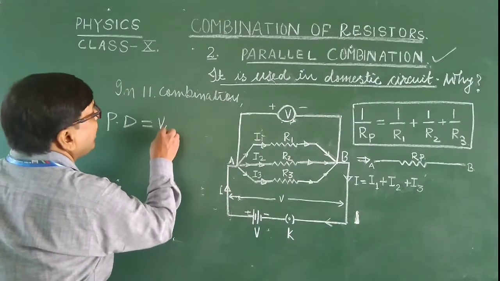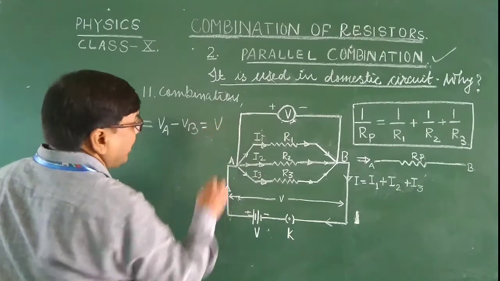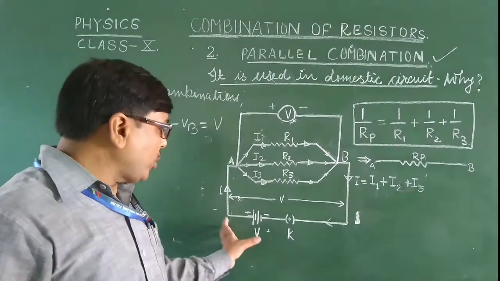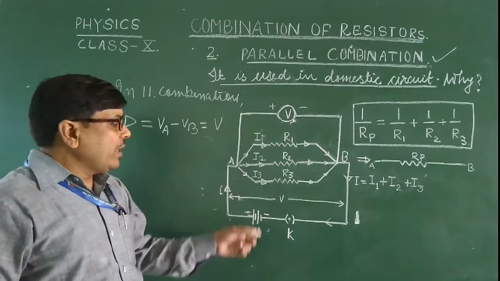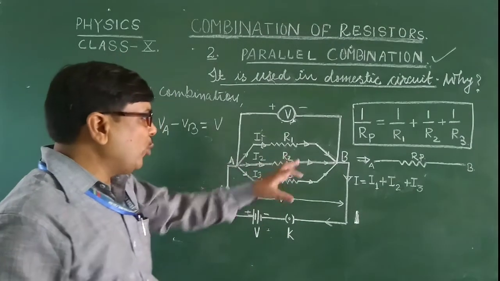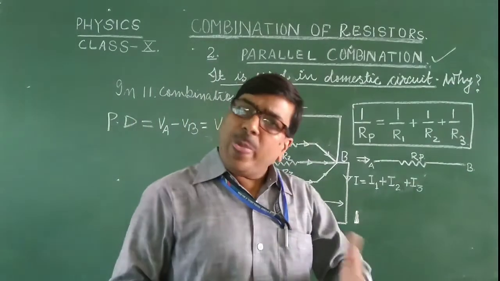So VA minus VB is equal to V, connected to the electrical source. The total potential difference will be equal to this V, and all resistors will receive the same voltage, but the amount of current flowing will be different.